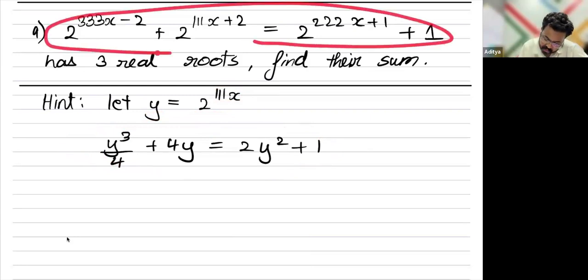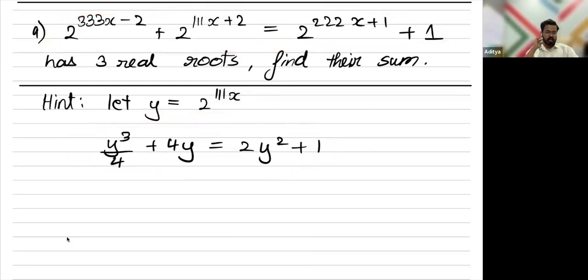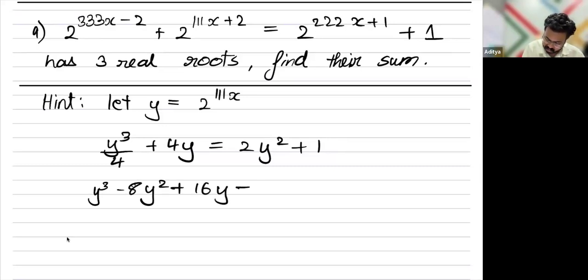Sum of roots of x. Alok not correct. So sum of roots of this equation is, one second, y cube minus 8y square plus 16y minus 1 minus 4 equal to 0.